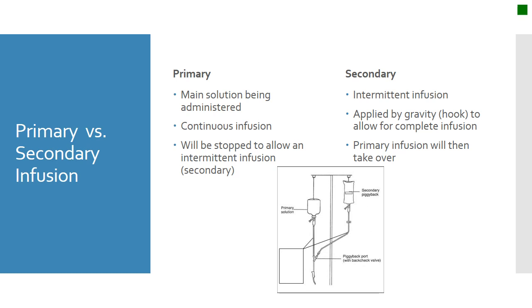The primary infusion will then take over once the secondary infusion is complete. So my primary bag is hung. Now I need a secondary bag. The hook goes on my primary solution to drop it lower so that my secondary is higher and infuses first.